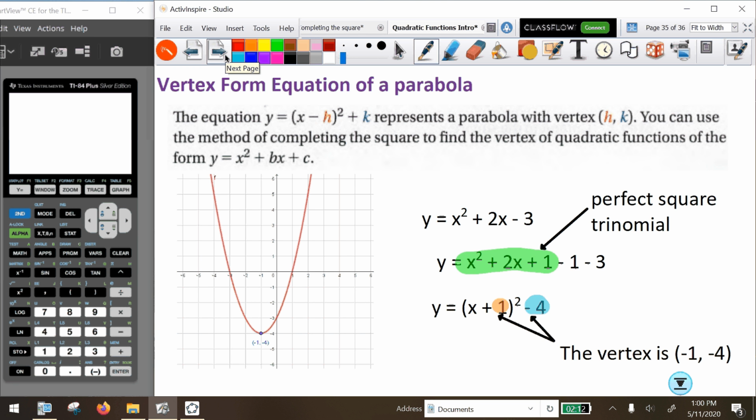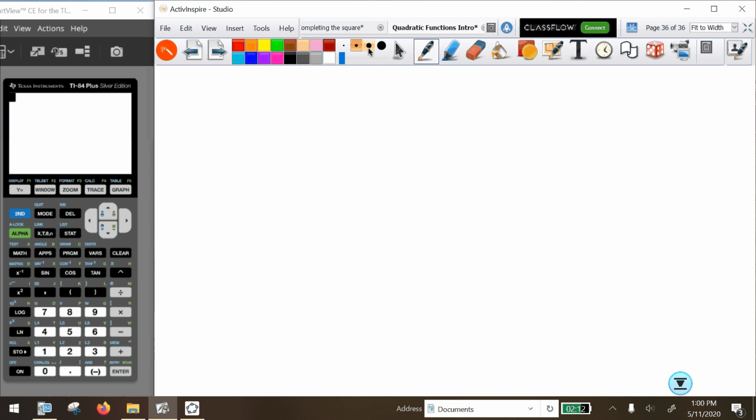All right, we're going to do one more problem. I want you to graph this parabola. y is equal to x squared plus 6x plus 1. Is this a perfect square trinomial? No. So we're going to turn it into one by cutting this in half and squaring it and adding it and subtracting it.